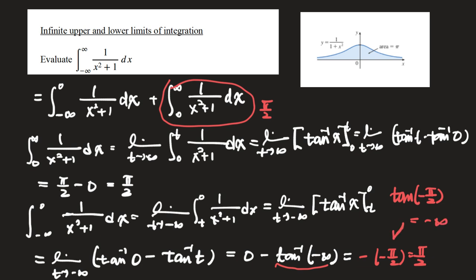So the first one is also pi over 2. Pi over 2 plus pi over 2, this improper integral's value is pi.